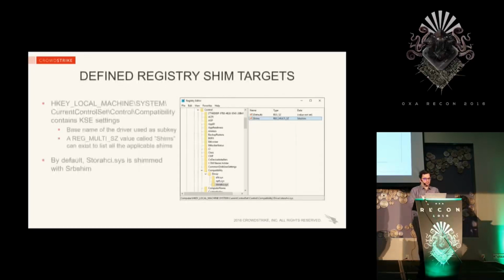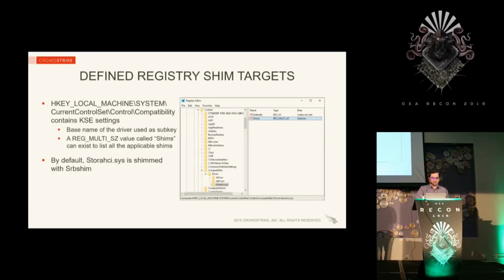Then in the registry, as I mentioned, certain drivers can be targeted. So by default, on a clean Windows 10 installation, if you go to the compatibility key in the registry, there's a subkey called driver, and under that subkey, there's different driver names. You might see in the screenshot there's a few that I've added, but the only one there by default is storahci.sys, which is the AHCI or SATA storage driver.